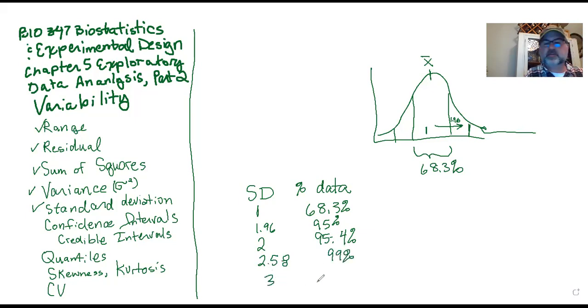And 3 standard deviations gets you 99.7% of your data, okay? So 3 standard deviations, it's way, way out, okay? Way out here. So just a very small percent of your data, right, is outwards.